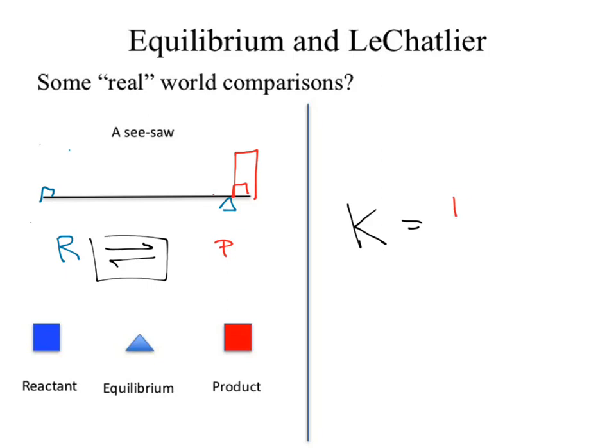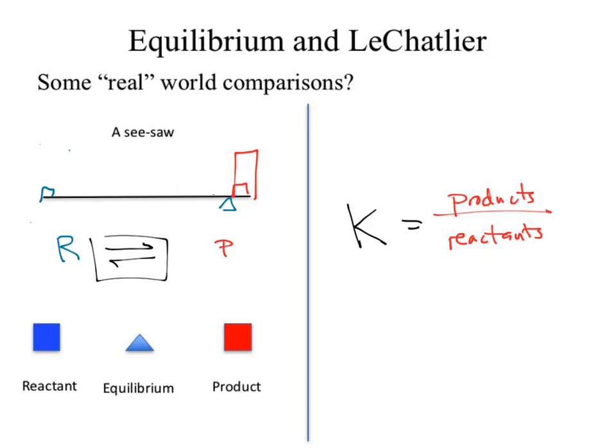Products over reactants, because that should be part of the whole. We aren't creating matter, so the total number of particles within our system is constant. It's just a question of where those particles are located, be they products or reactants.